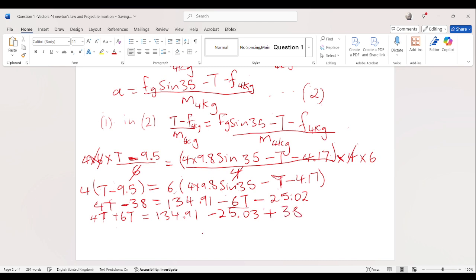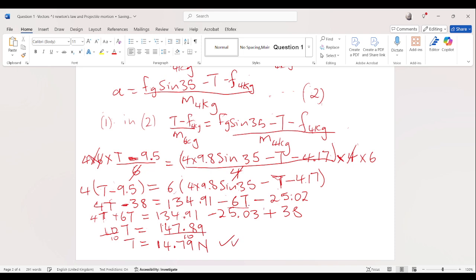I forgot to add 38, because if you take 38 to the other side, it will give us that. So 10T equals 147.89. Now T is given by, if you divide both sides by 10, it will be 14.79.